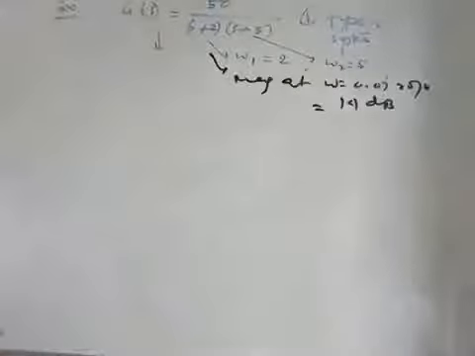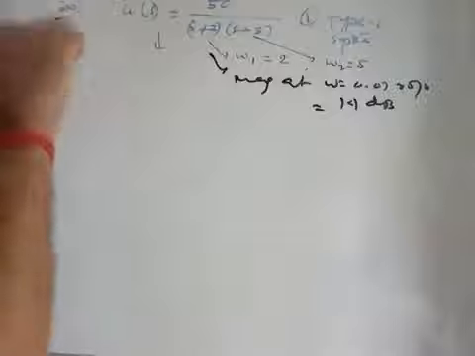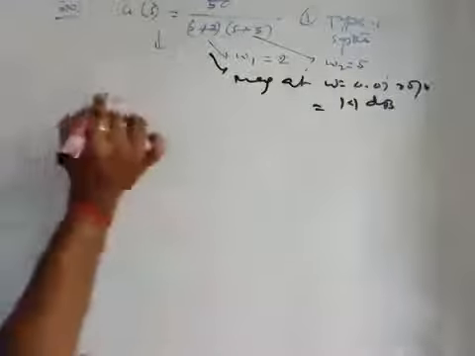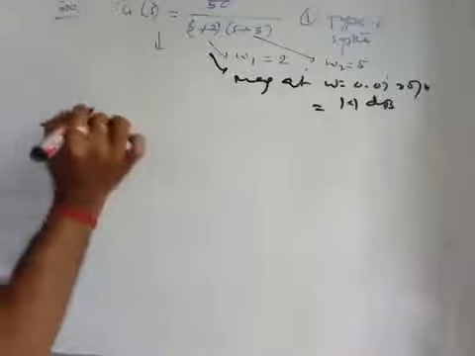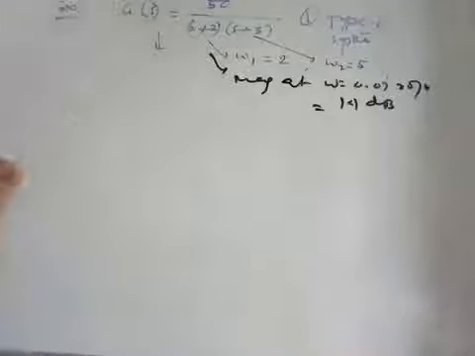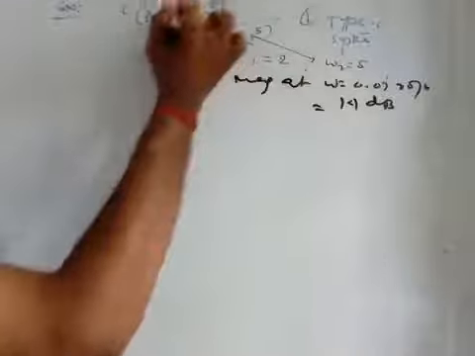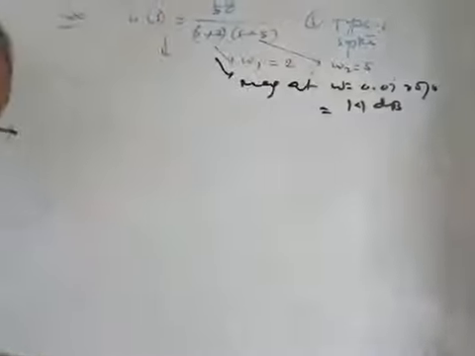Now the next step, what we have to do, is to consider one table. I will make a table. So what will be the content of the table? First of all, we will consider the factors. What are the factors associated with this transfer function?